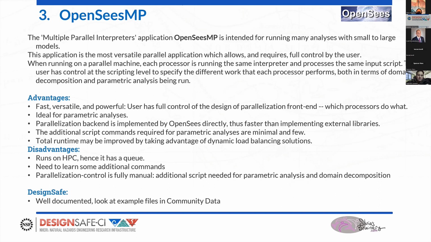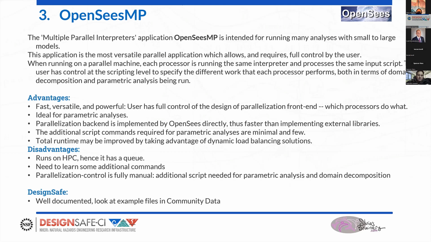Now for parametric analyses, it's simple. You just distribute the analysis to them. What's good about it is that the parallelization is handled directly by OpenSees. And so it is faster than doing it manually. I mean, I can write a batch file that assigns different jobs to different tasks.